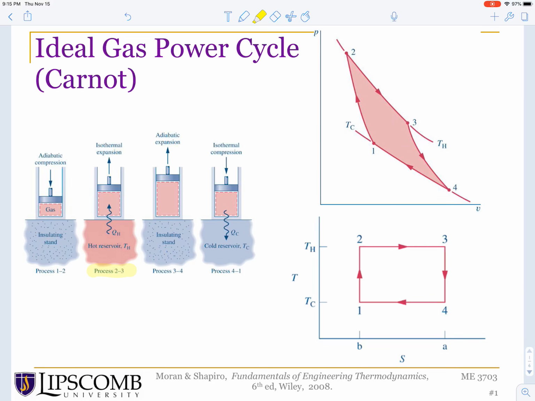Isothermal expansion. Okay, the other heat transfer process is 4 to 1, and that is our heat rejection to the atmosphere or the surroundings. So on a TS diagram, that would look like a horizontal line at a constant cooler temperature. On a PV diagram, that looks like a line following the isotherm from 4 to 1.